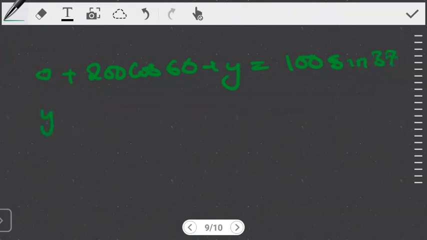So what we're going to have is y is equal to 100 sine 37. 0 is just a 0, so we'll skip it out. Then we have 200 cos 60. If we simplify this, we're going to get the value of y as negative 39.8.